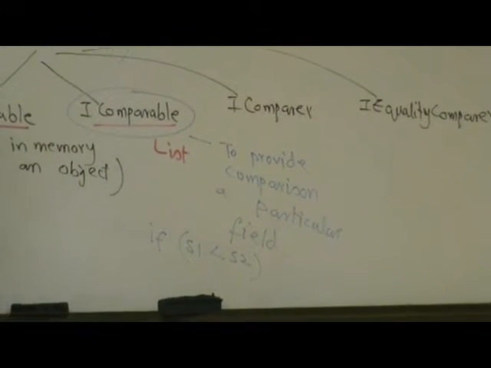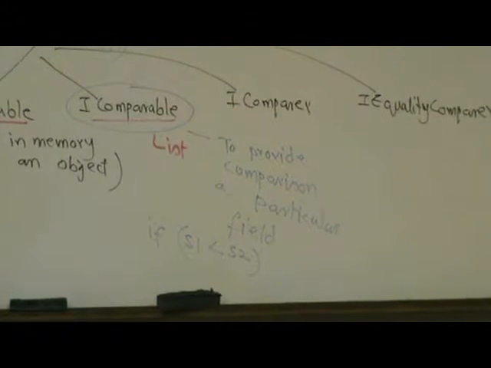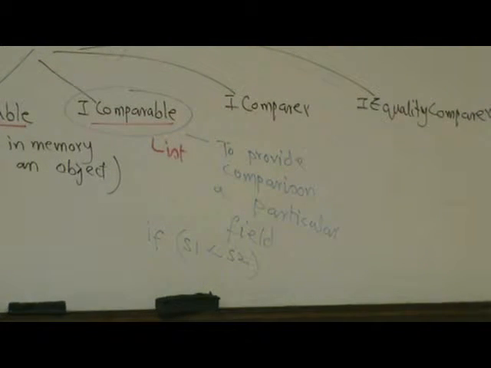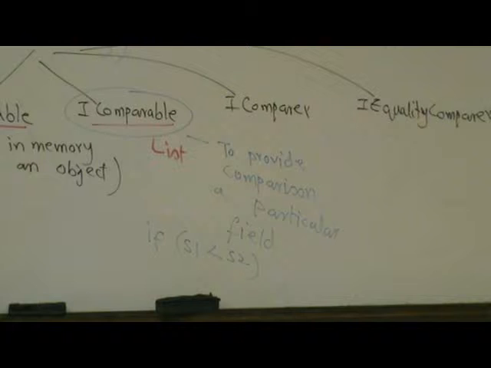Okay, you'll be able to do those kinds of things if you overload the less than operator and then further provide a proper comparison over here. Okay, so anyway, that's the purpose of the IComparable.